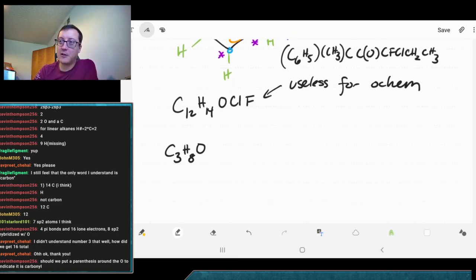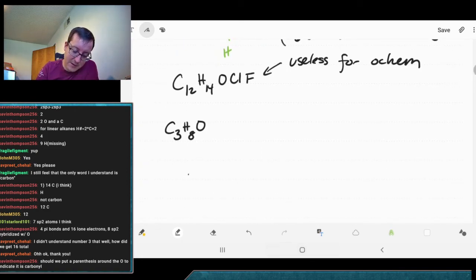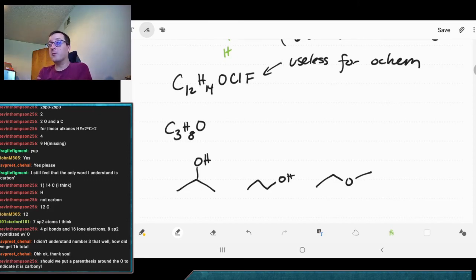This molecule here, given its chemical formula, could give us multiple different structures. Out of this, we can get the following.